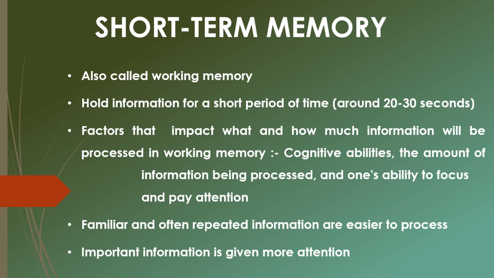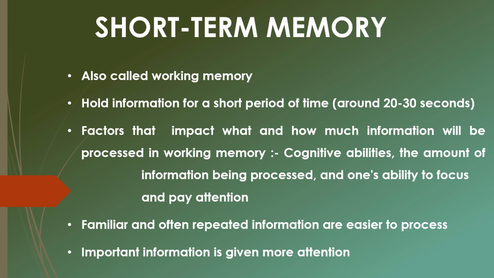The working memory's capacity is limited, so it can only process a certain number of pieces of information at a time. There are several factors that will impact what and how much information will be processed in working memory.